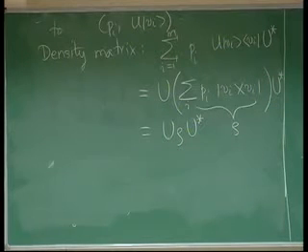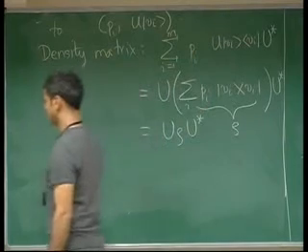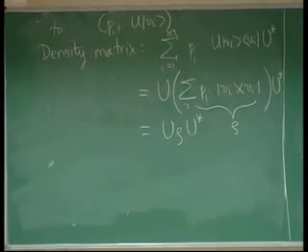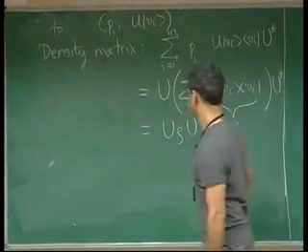Right? So a density matrix rho evolves under U according to this rule.